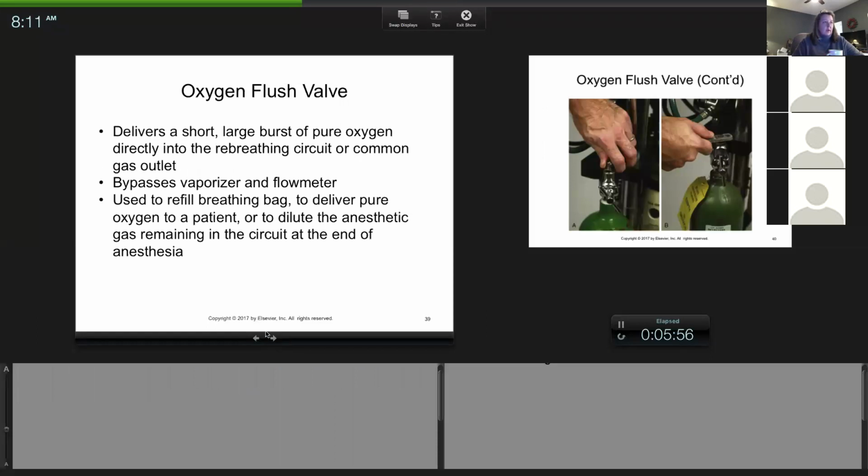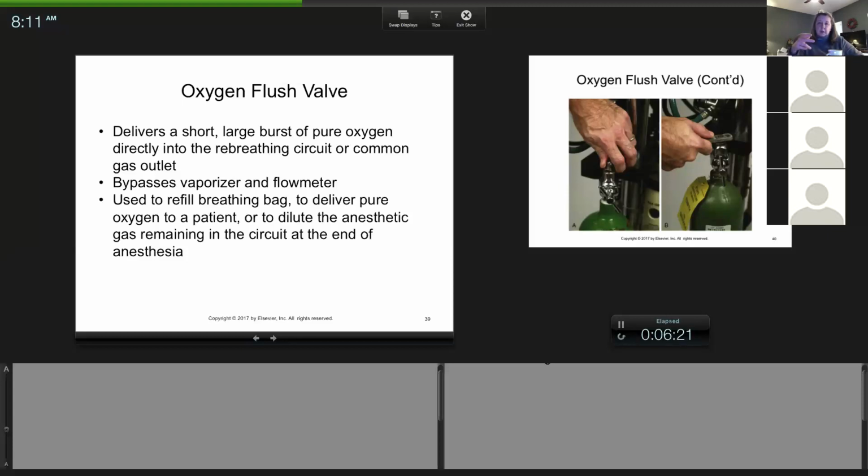Now, on a machine, and when I have you guys in person, I turn around the machine and I show this to you. When oxygen comes from the tank, there's a split. So it'll come into the flow meter, and there's a little tube, and it goes up to somewhere on the machine. It's in different locations on different machines, but there's a button, and it is called a flush valve.